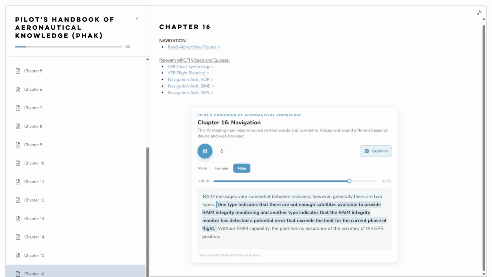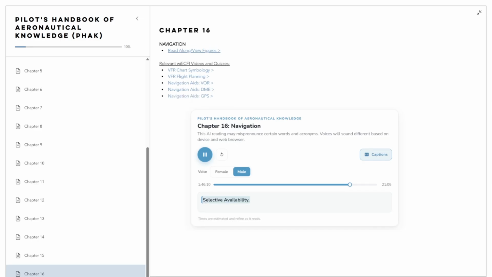One type indicates that there are not enough satellites available to provide RAIM integrity monitoring, and another type indicates that the RAIM integrity monitor has detected a potential error that exceeds the limit for the current phase of flight. Without RAIM capability, the pilot has no assurance of the accuracy of the GPS position.